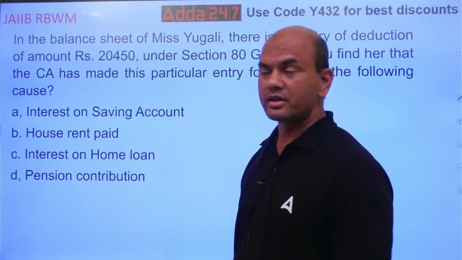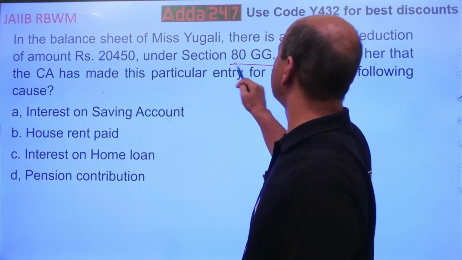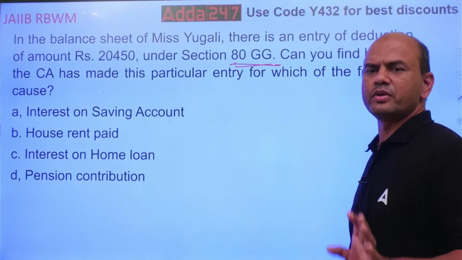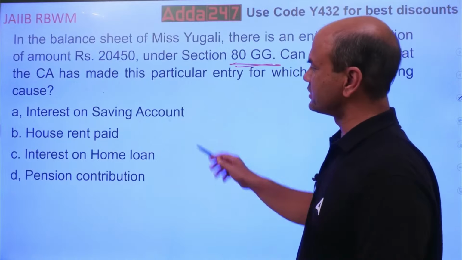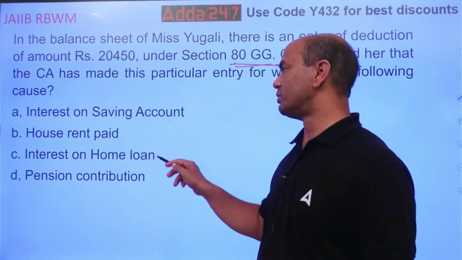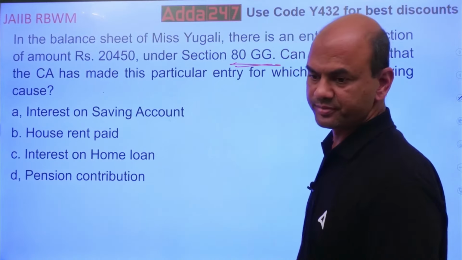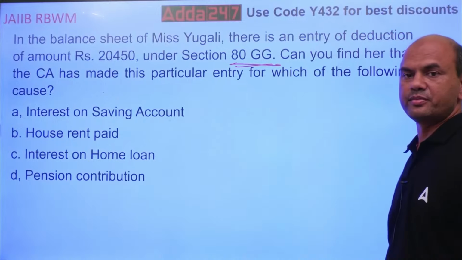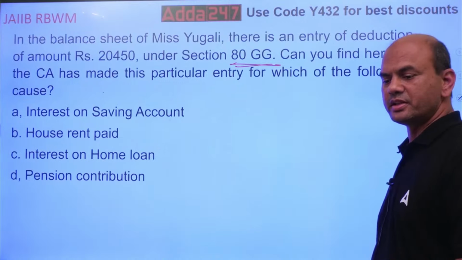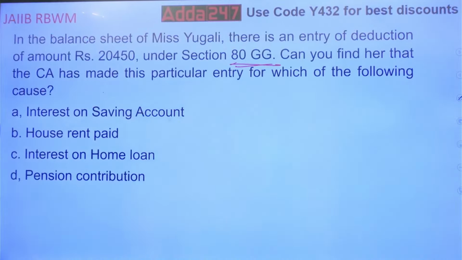So the question over here is this 80GG. This 80GG is for what? That is a basic question. 80GG is for what? Interest on savings, house rent paid, interest on home loan, and pension contributions. So what is it for? Yes, everyone. What is it for? Think over it.